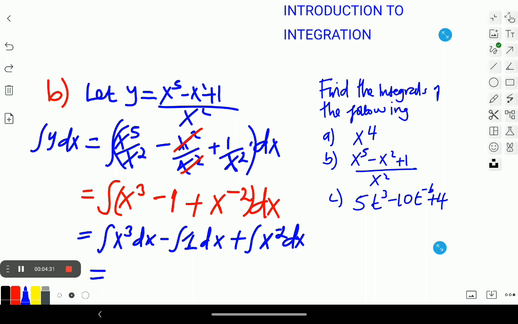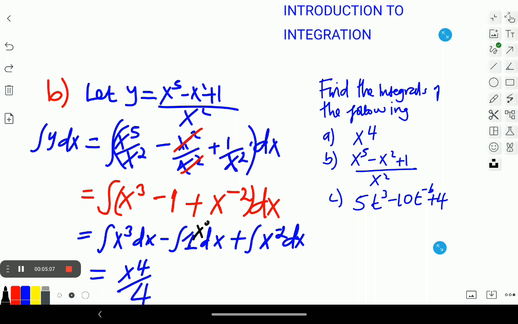Then what shall we get here? It's a matter of raising the power: 3 goes to 4, so here we shall have x power 4 divided by 4. And for 1, this is the same as x power 0.